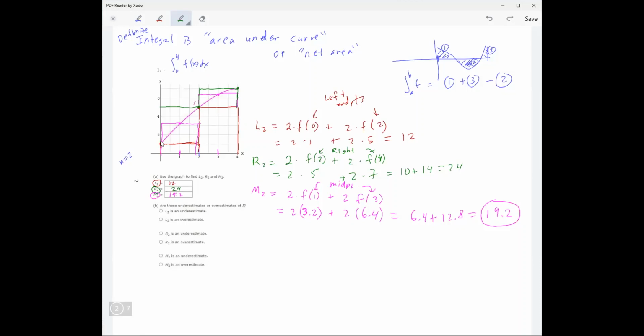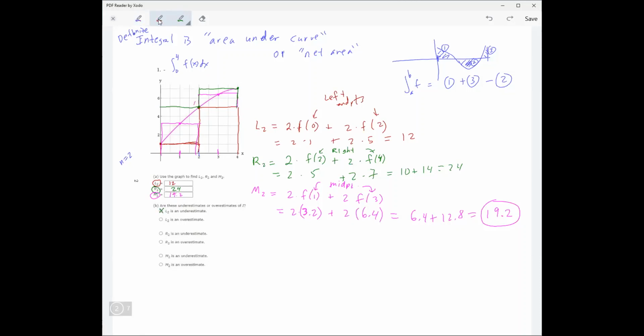So the actual integral will be the area under the curve, all this area here. Now, L2 uses the left endpoints. Since the area of this rectangle is contained in the area under the curve, this will be an underestimate.